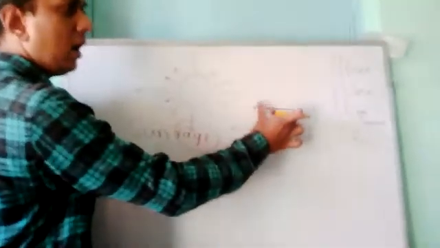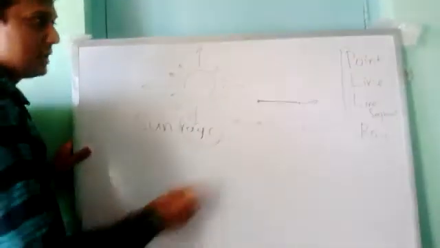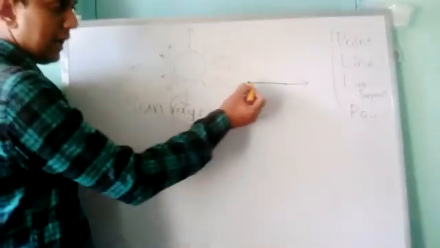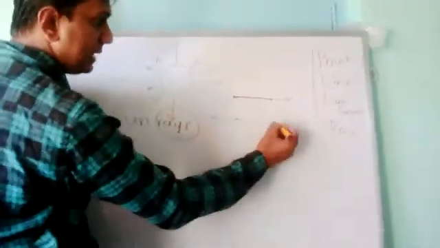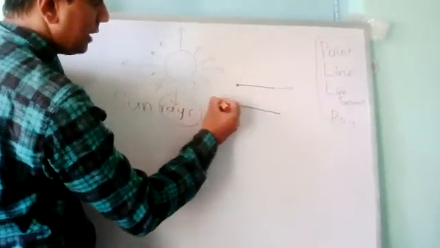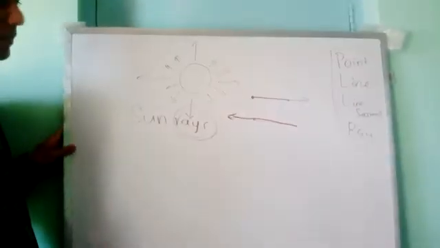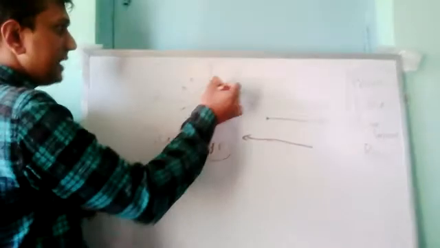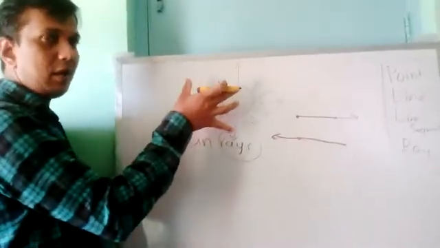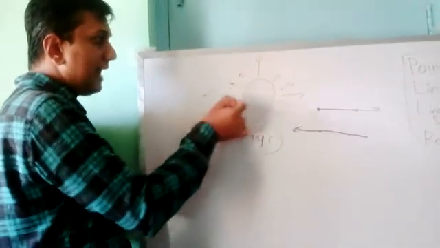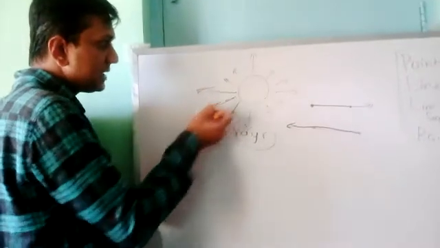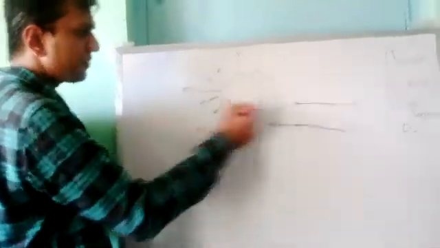The starting point of the ray is somewhere, and it is extending on the right side. Here the starting point of the ray is this one and it is extending on another side. Similarly, the starting point of this is the sun. From a particular location the sun starts and extends in all directions. If you consider each one as a ray, sun rays will be formed.